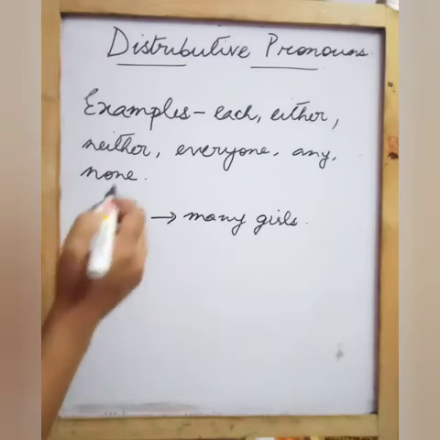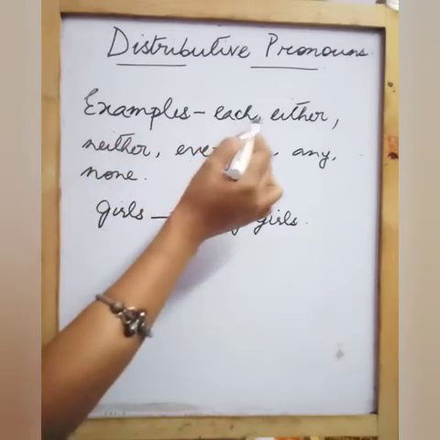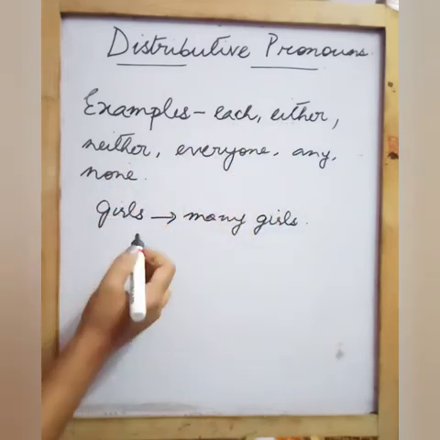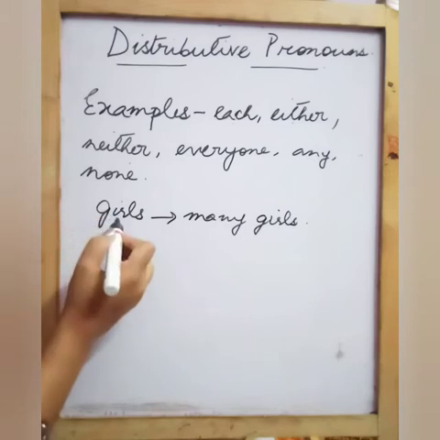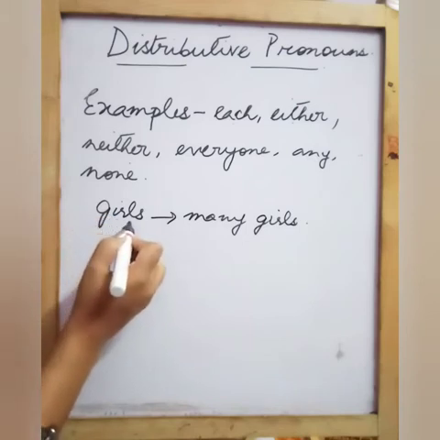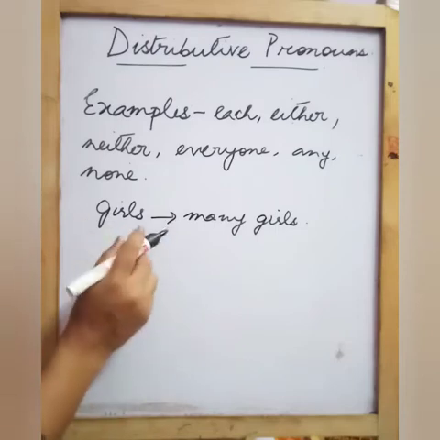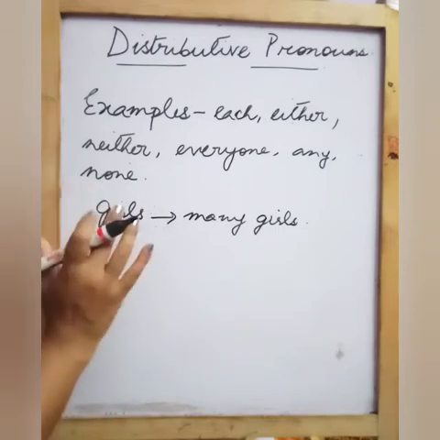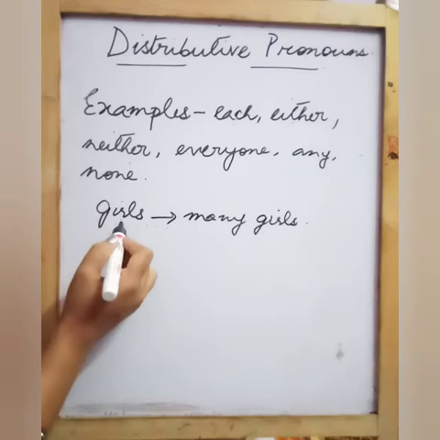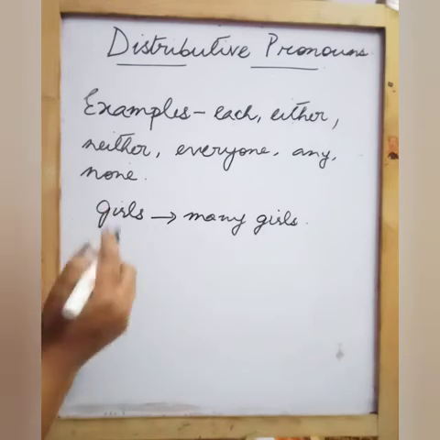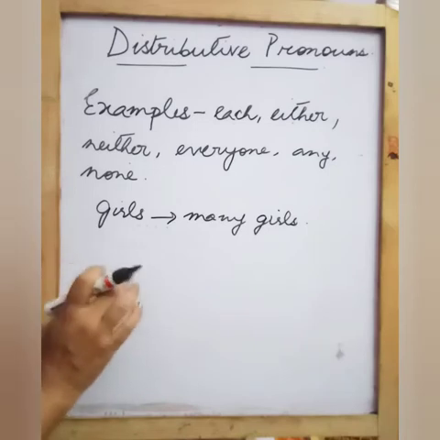So remember, when we say these each, either, neither, all these are what? Singular, isn't it? So why is it singular? Because we are talking of each and every one separately, specifically, isn't it? We are not talking of them as a group. Hence we are saying each, either, neither. So distributive pronouns are always in the singular.